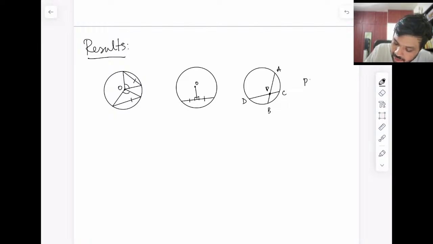It turns out PA into PB is equal to PC into PD. Both of these are actually equal to r square minus OP square, where r is the radius.